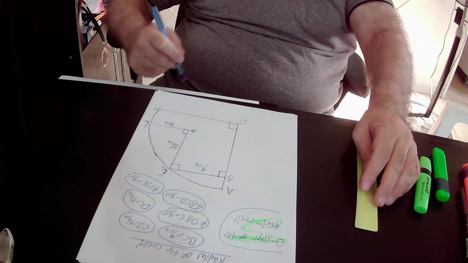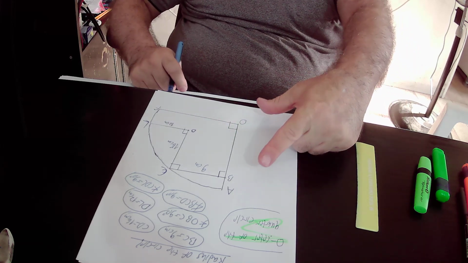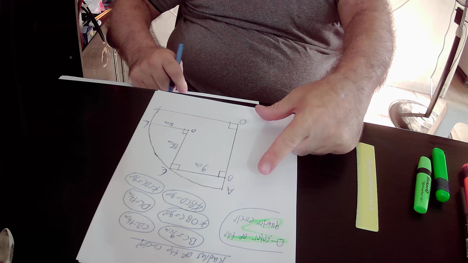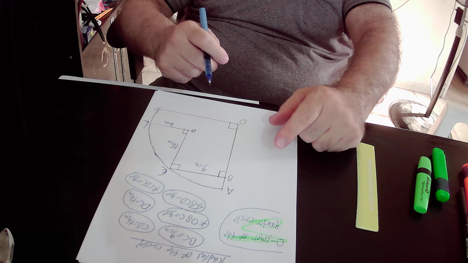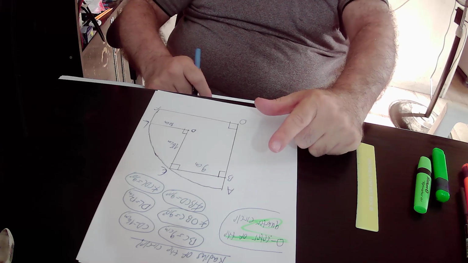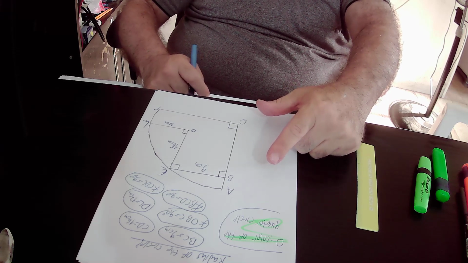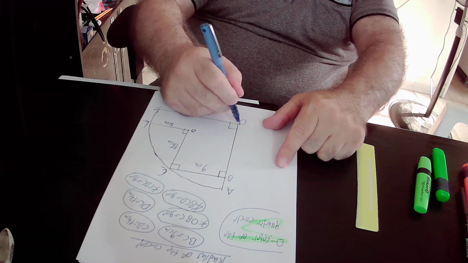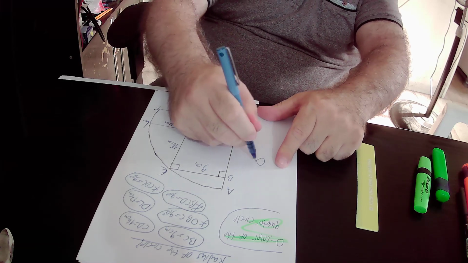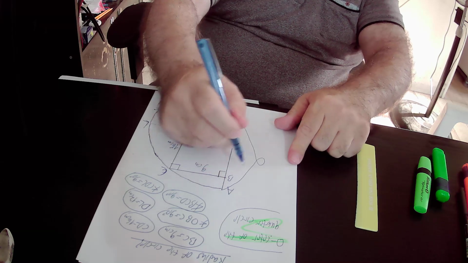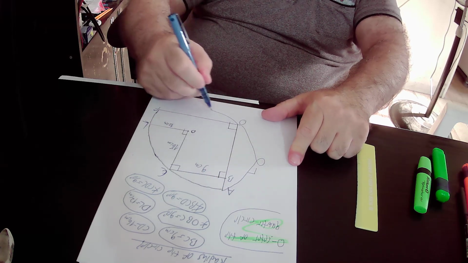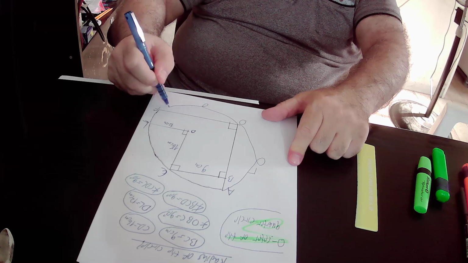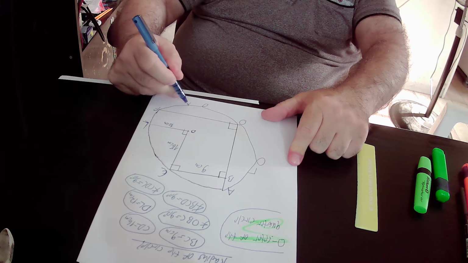And finally, line segment OA and also OF are both the radii of the quarter circle, so we'll define the radius of the quarter circle as R. Therefore, OA equals R, and OF must also be equal to R. They are both the radii of the quarter circle.